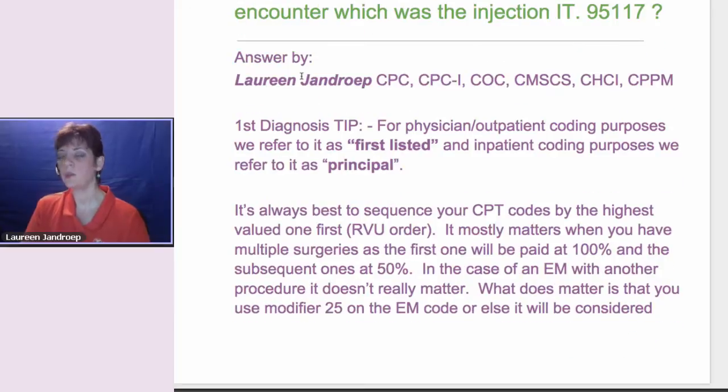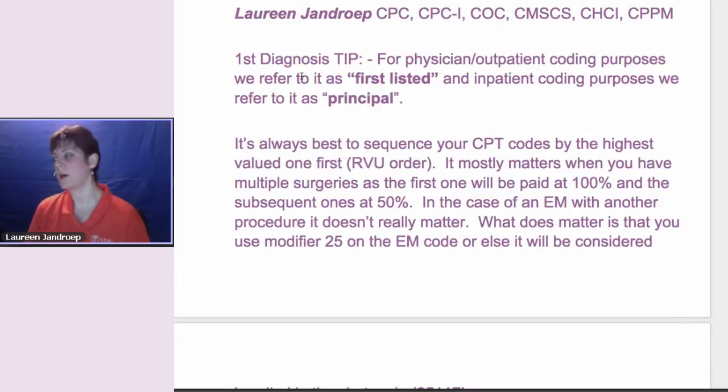The general rule of thumb is it's always best to sequence your CPT codes by the highest valued one first. That would be using the RVU scale. Most of your encoders or tools that you input codes to will sequence it for you, but it's good to understand how and why they're doing it. Every CPT code has a value. They factor in the risk involved for the procedure, how much skill is required, and how much equipment or overhead is needed.